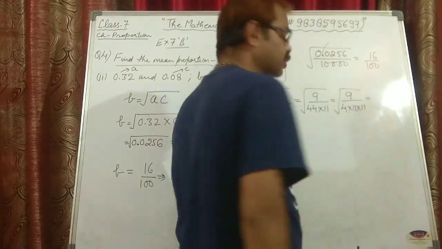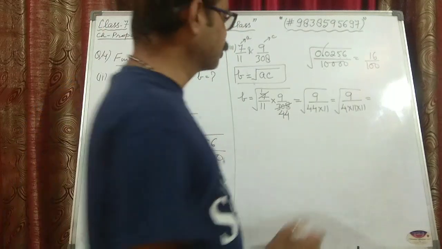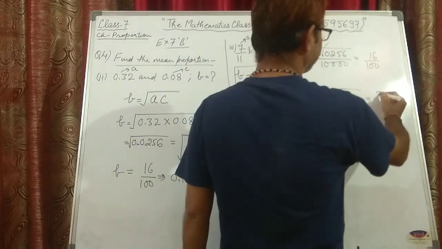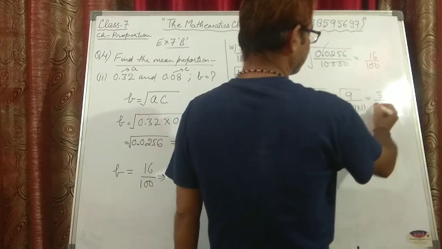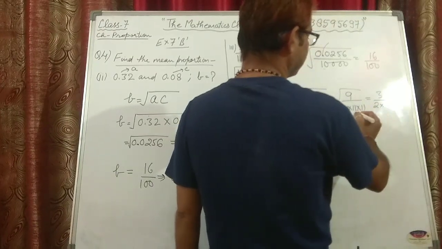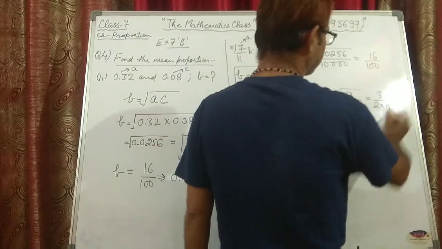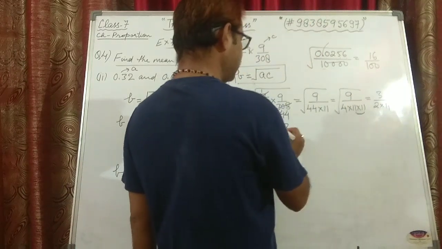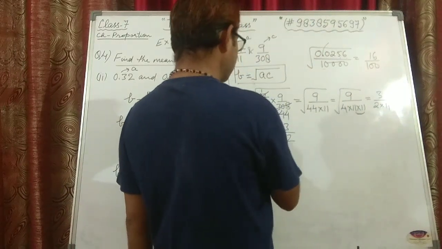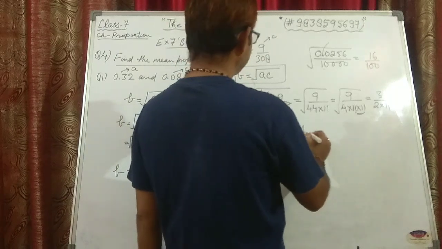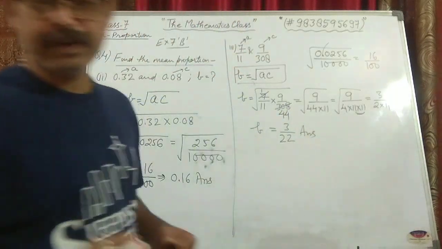When you take 9 out of the root, you will get 3. When you take 4 out of the root, you will get 2. And for these two 11s, one 11 will come out. So you will get 3 upon 22. That is the value of B. That is the final value.